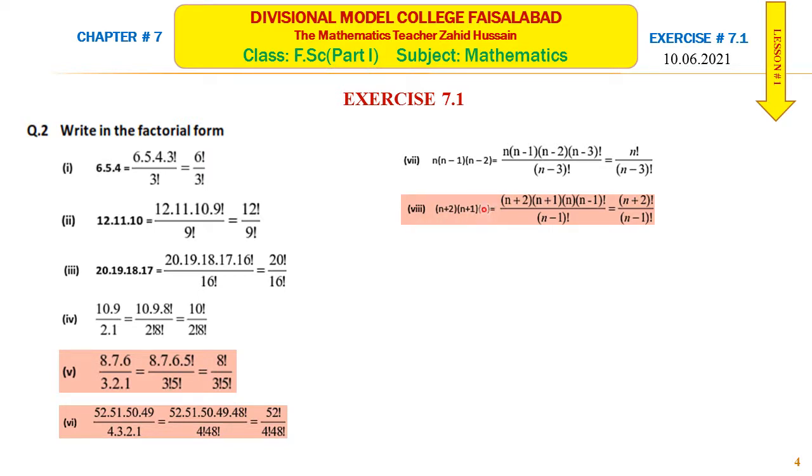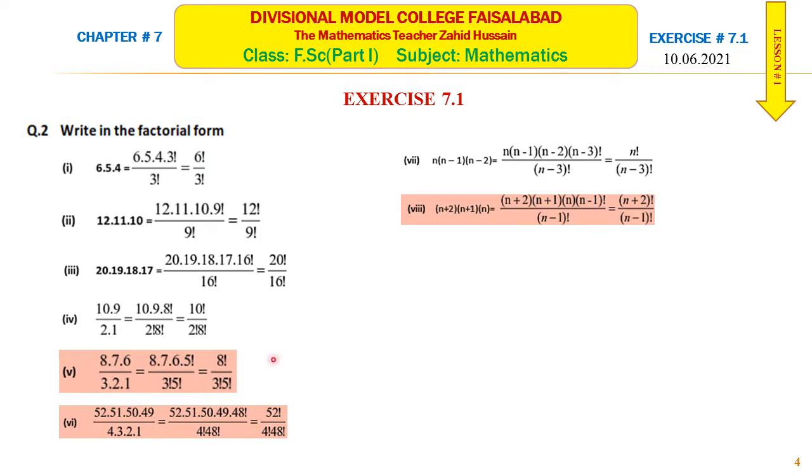The number smaller than n is n minus 1. So n plus 2, n plus 1, n into n minus 1 factorial. We will divide it by n minus 1 factorial also. So in the numerator we get n plus 2 factorial, and in the denominator we get n minus 1 factorial. So this is equal to n plus 2 factorial over n minus 1 factorial.